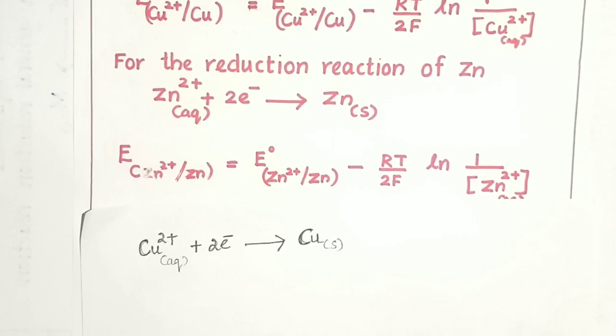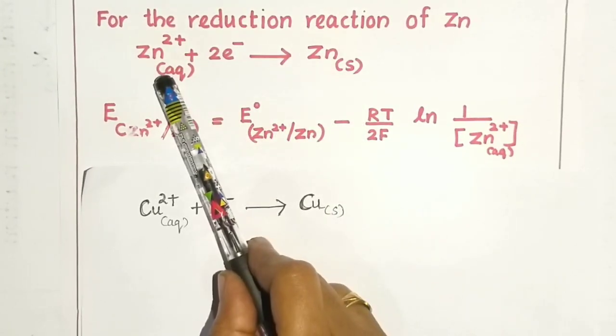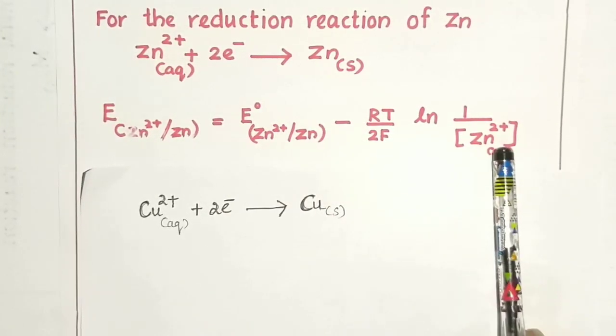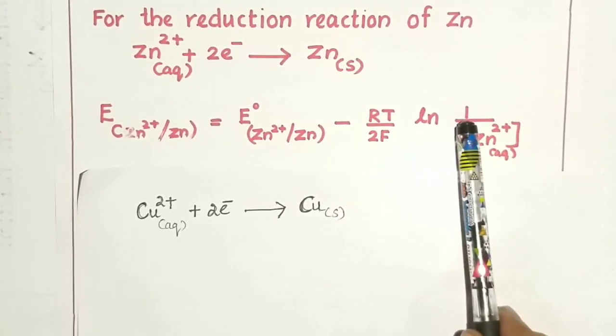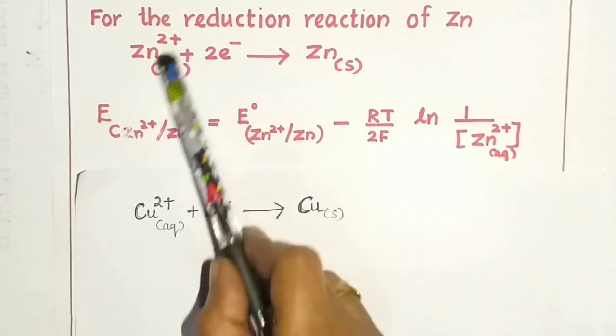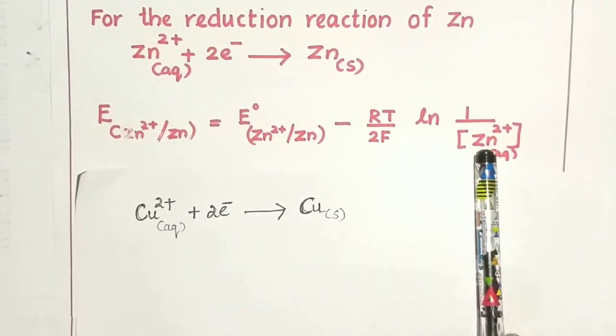The product is zinc divided by the concentration of Zn2+, but the concentration of zinc is taken as unity, then we can write ln 1 by concentration of Zn2+.